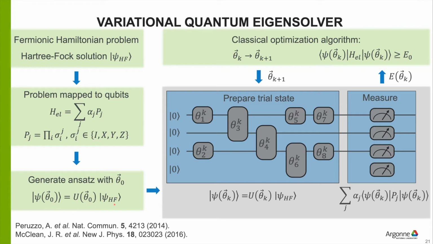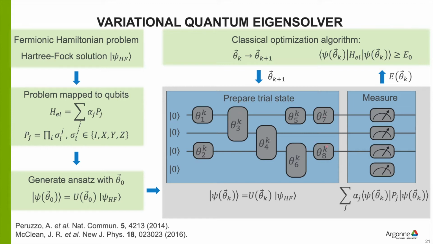This part I'm going to talk about in a few minutes. But basically, if we start with the Hartree-Fock wave function and apply some unitary operator to it, we can represent this wave function on a quantum computer. So these are the quantum gates, and the thetas are variational parameters that we're going to optimize in this classical optimization loop on a classical computer.